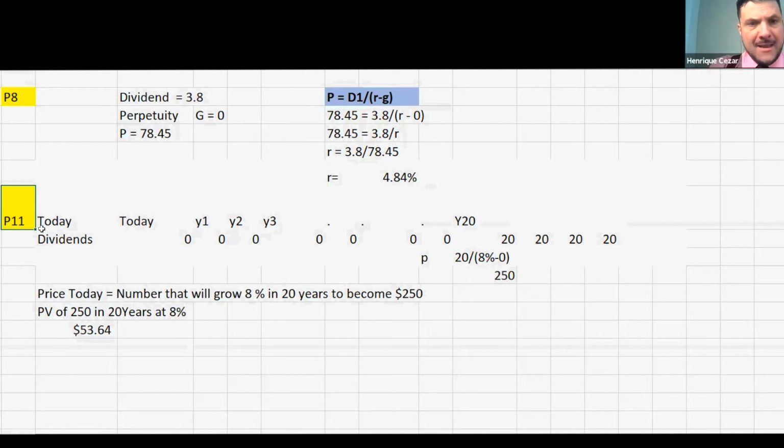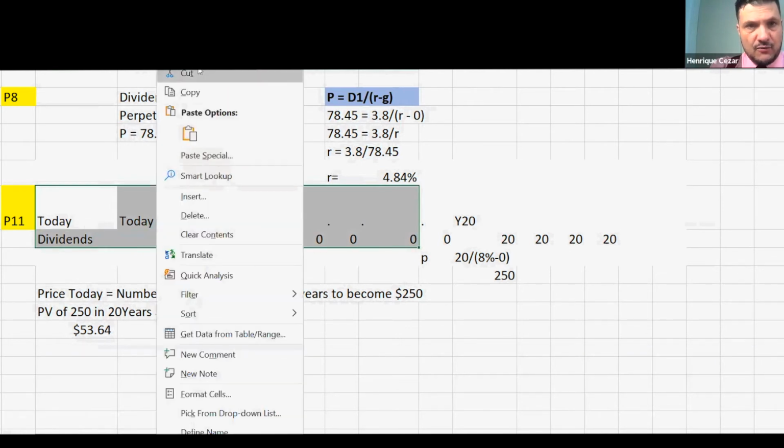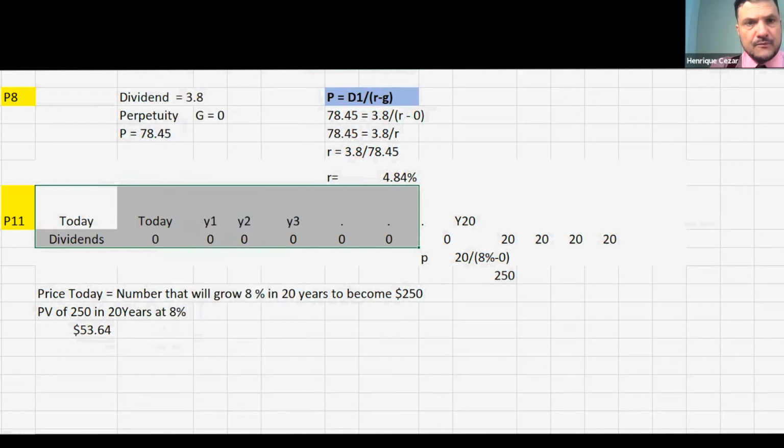All right. Problem 11, be careful, because it also could be a candidate for the exam because it's an interesting problem. It's a stock that does not pay dividends for a number of years. In this case, it does not pay dividends for 20 years.